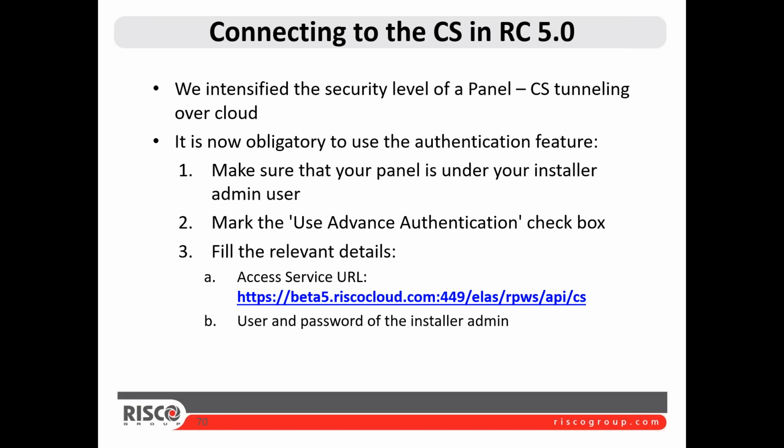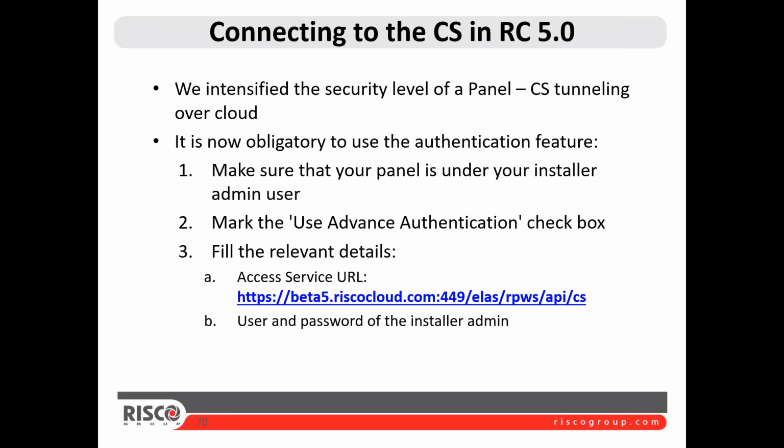All right, so what I also suggest that those of you using configuration software, please update your software. Okay, so some of you may still be using some of the older versions of configuration software. You won't see this advanced authentication menu in the connection settings page.